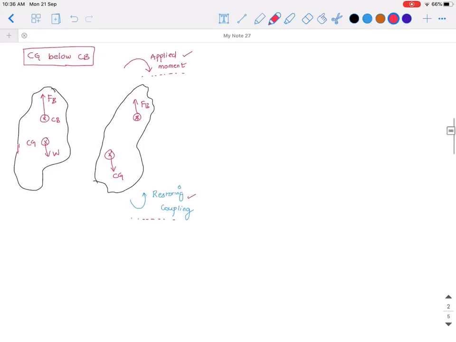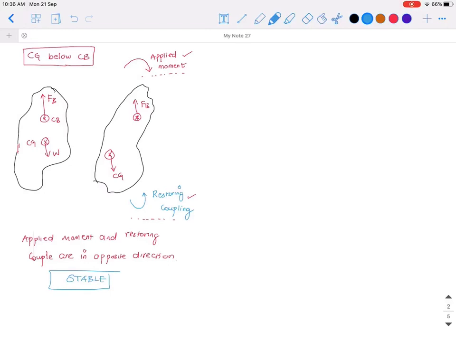So the applied moment and the restoring couple are in the opposite direction. The body after a small tilt will come back to its original position. So this is stable equilibrium.